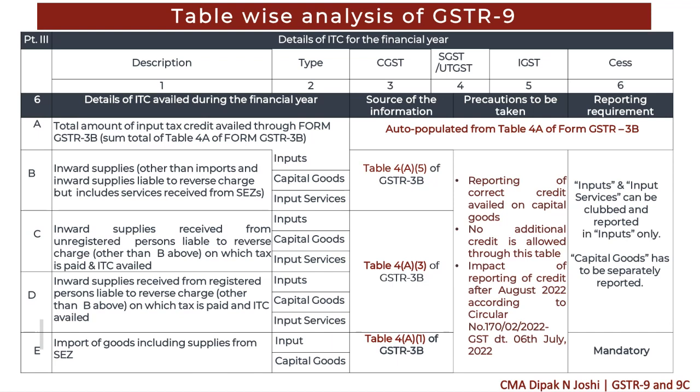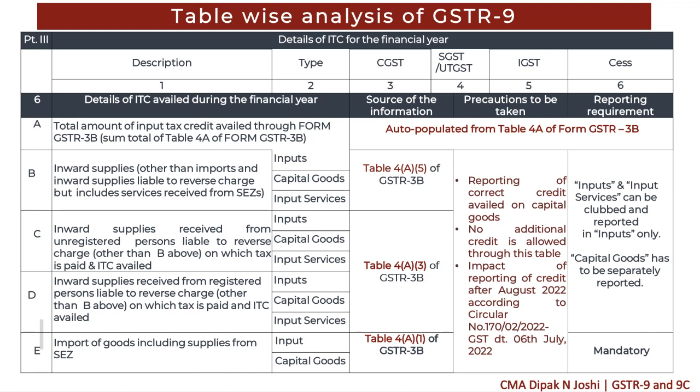So here we just require to report the information of goods, the value of which is capitalized in the books of account. Many times in books of account, we capitalize the value of input services also. For example, if I have purchased machinery, I am paying for the machinery separately, and for installation and commissioning, I am paying separately. Now I am capitalizing both under the heading of plant and machinery.